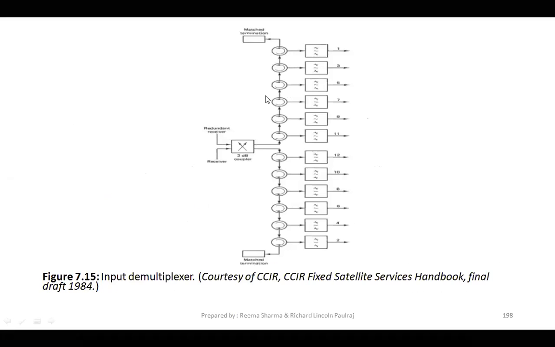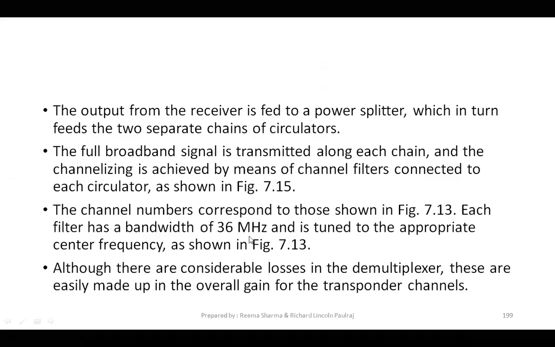So it is connected to each circulator here. The channel numbers correspond to those shown in the previous figure. Each filter has a bandwidth of about 36. So we have seen this, right? 36, and is tuned to the appropriate center frequency.